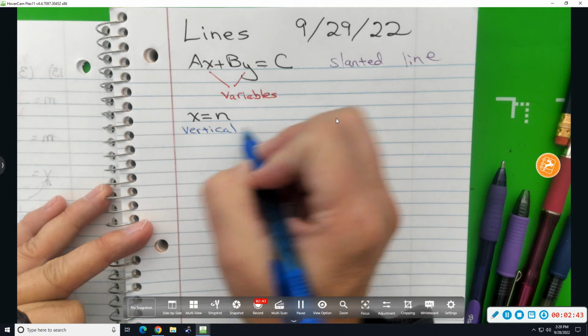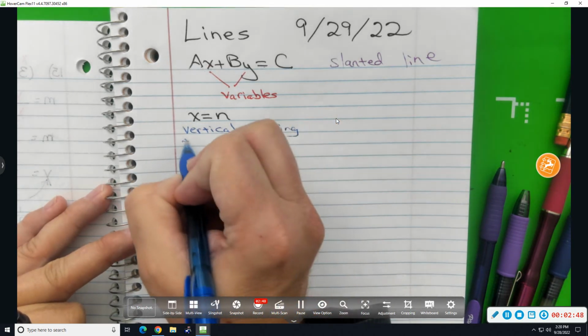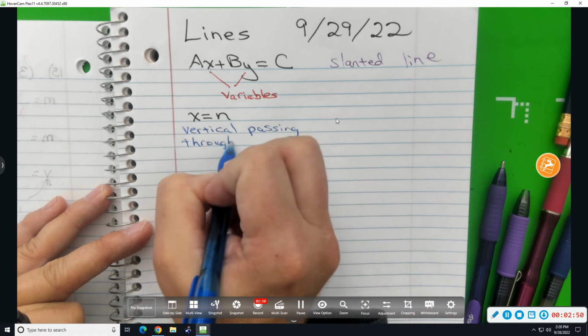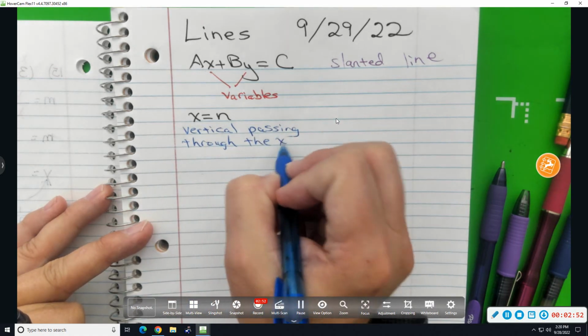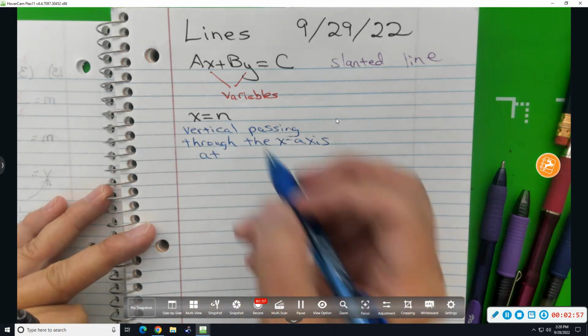The line is vertical, passing through the x-axis at the number n.